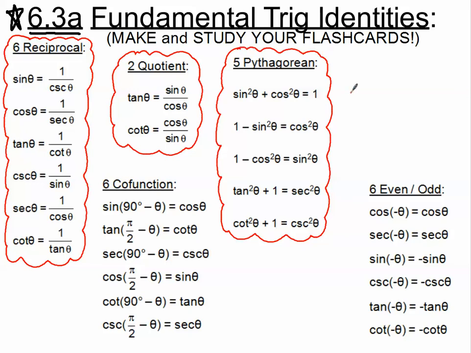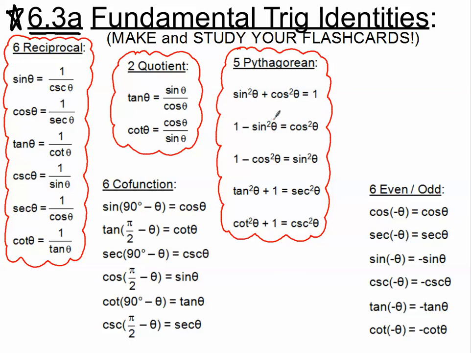Those are the 13 that we've already looked at, and you should already have made your flashcards and be studying those. If you have not already done your flashcards, please make sure you do so as soon as possible. What I mean by a flashcard is, on the front of your flashcard, you put the left side of each of these identities, for example, 1 minus sine squared theta. You can use any angle you want, an x or an alpha or a beta. I use theta most of the time.